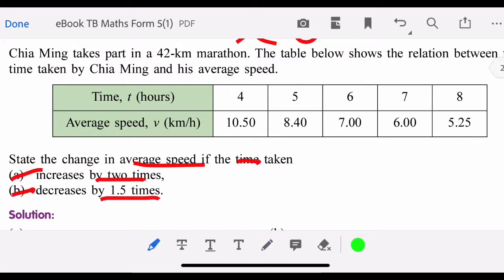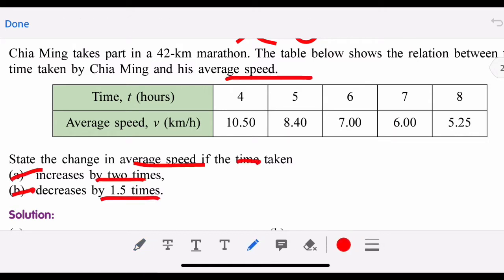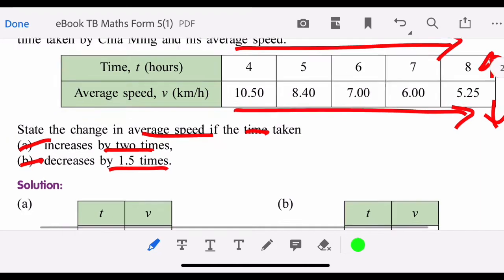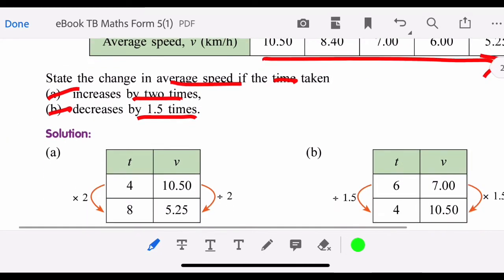As you can see, the time 4, 5, 6, 7, 8 is increased, and the average speed is decreased. So this is actually inverse variation.